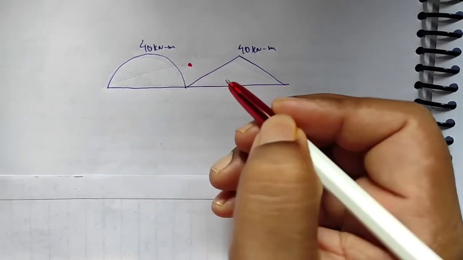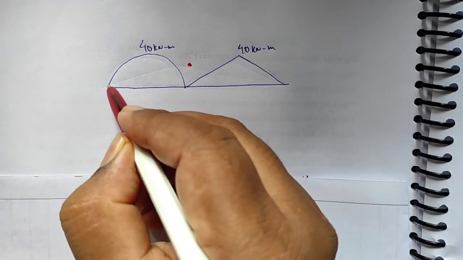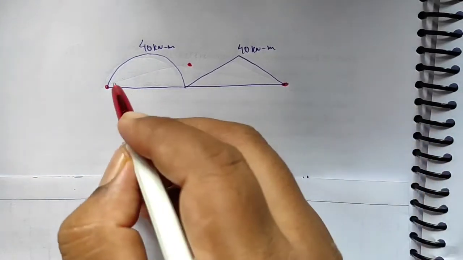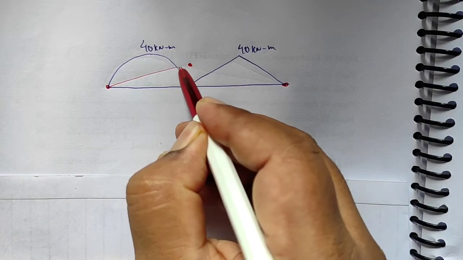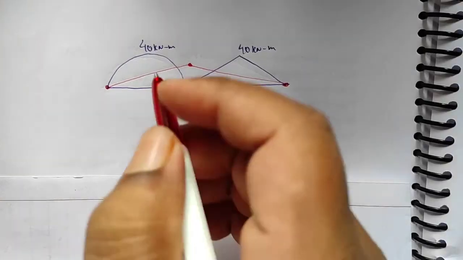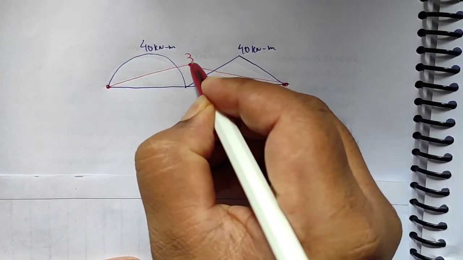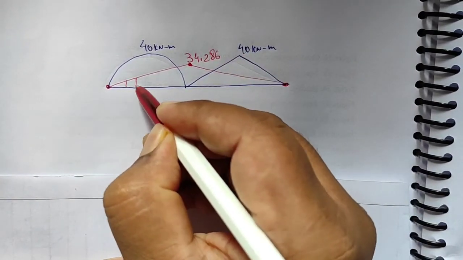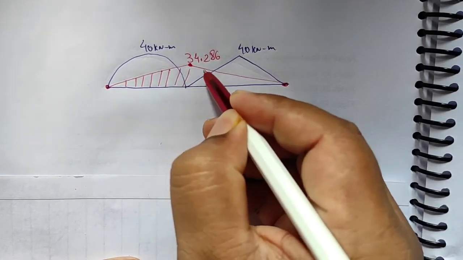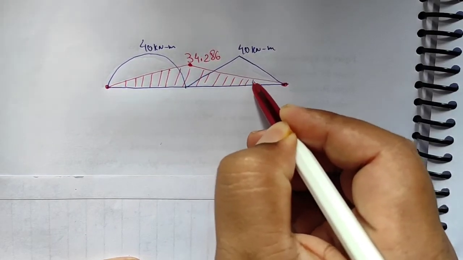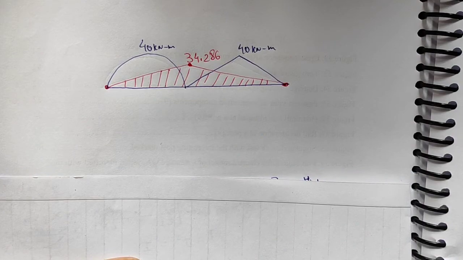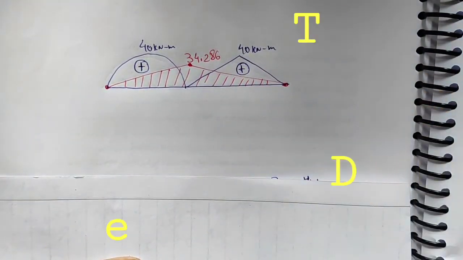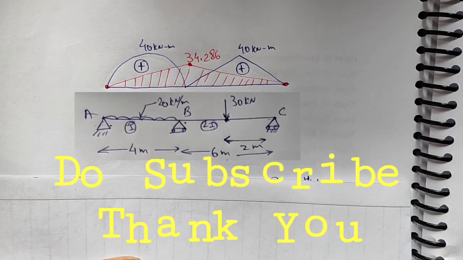Let me mark it here, and we know that the moments at A and at point C are equal to 0. Now using these 3 points I will draw my bending moment diagram and label it with 34.286. The value I have got, marked in red color, will be negative, and the values drawn previously are positive.